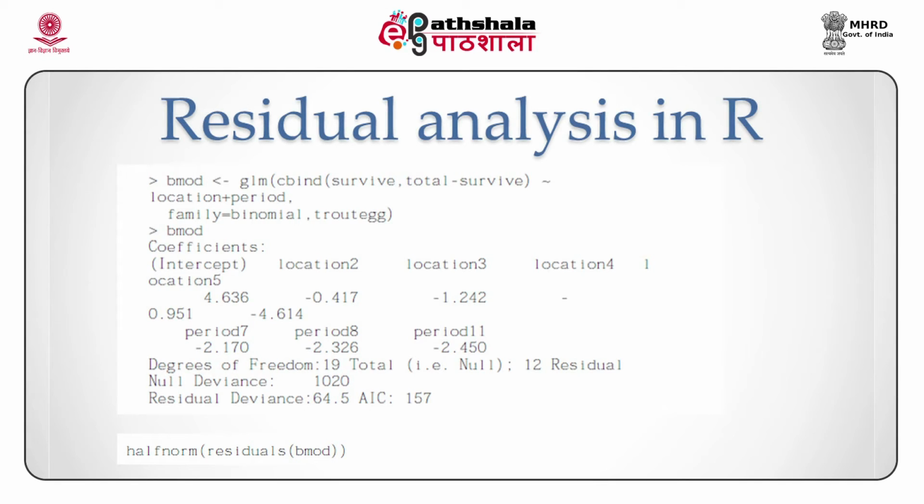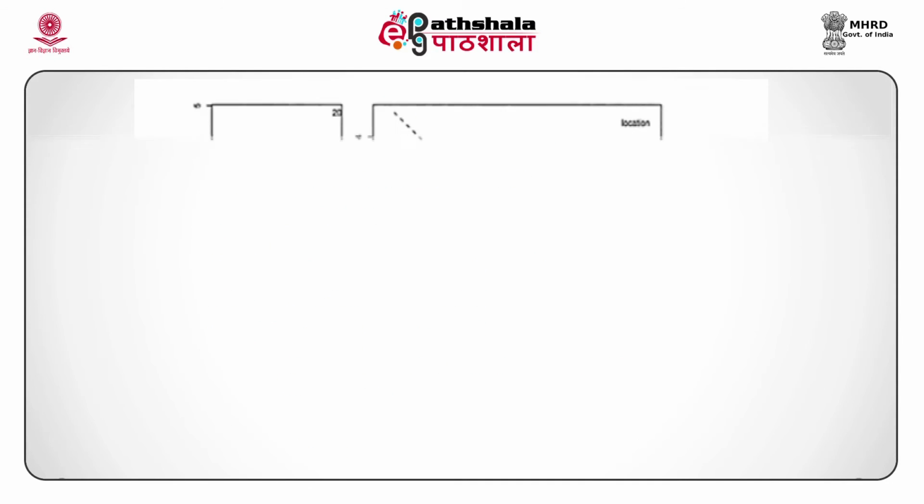The plot on the right is a plot of the empirical logits and is obtained using the chunk of code given on the bottom of this slide. So looking at the half normal plot and the empirical plot, we see that although the summary deviance is rather large, there really is no strong indication of outliers or influential values.